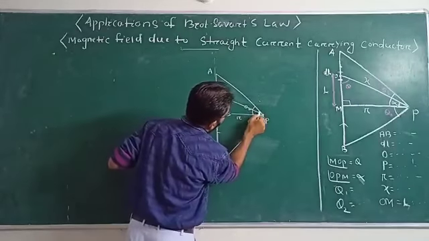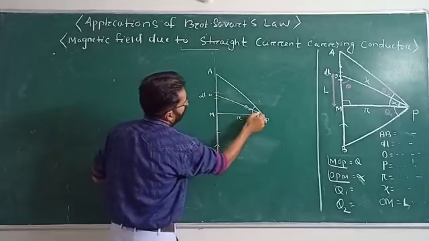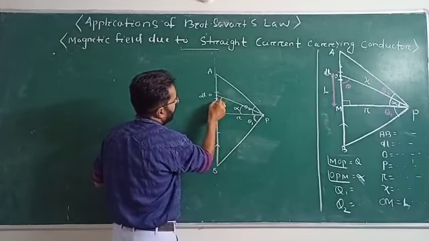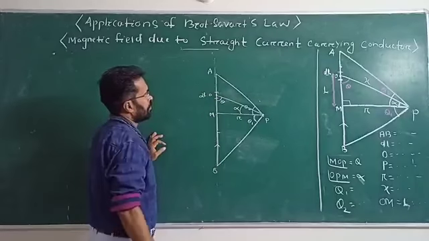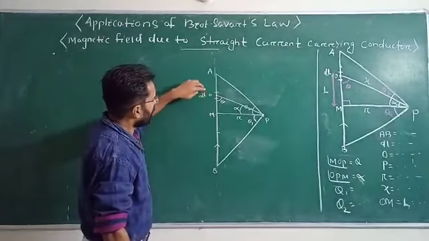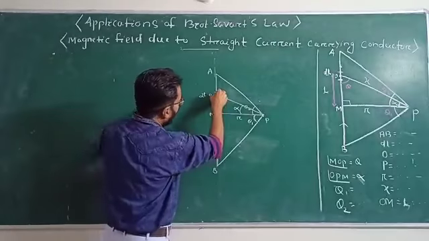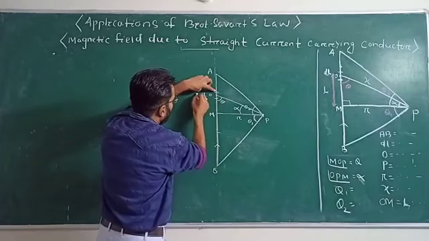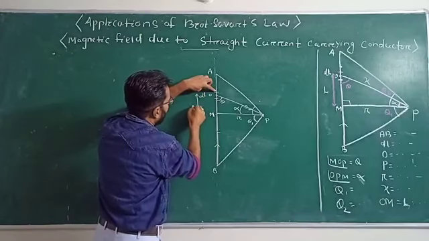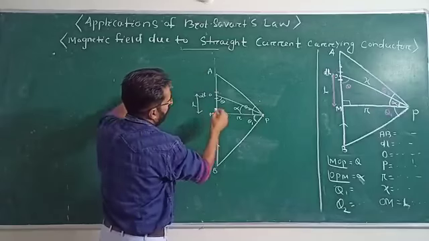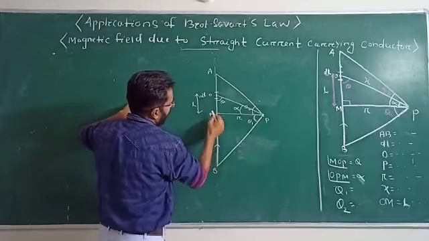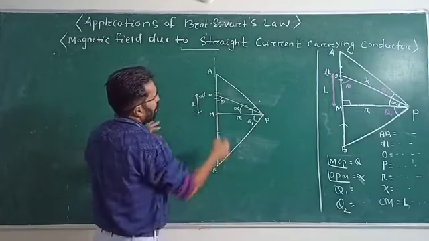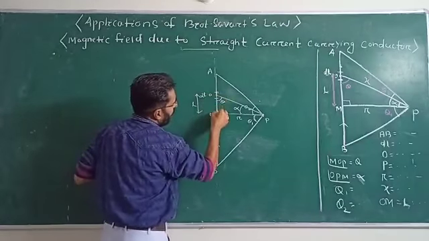You draw a line from O to point P. Let this be the angle alpha and this the angle theta. Why? Because to define DL, we have to take a length L from M. The distance of DL from M is taken as L.